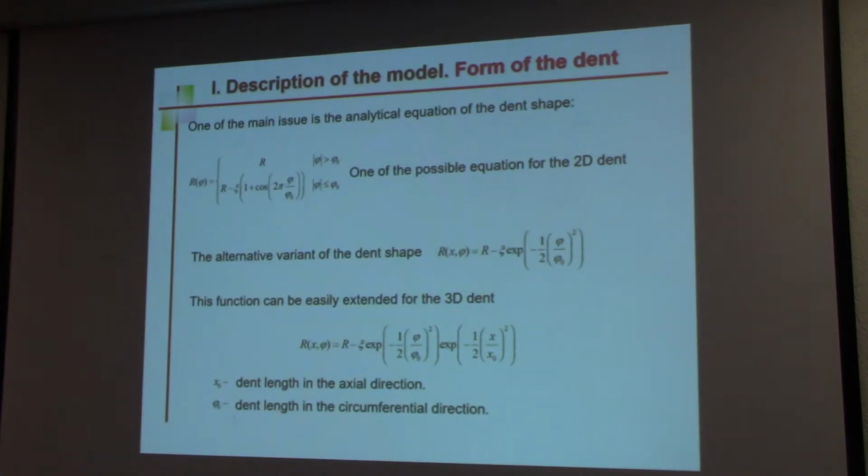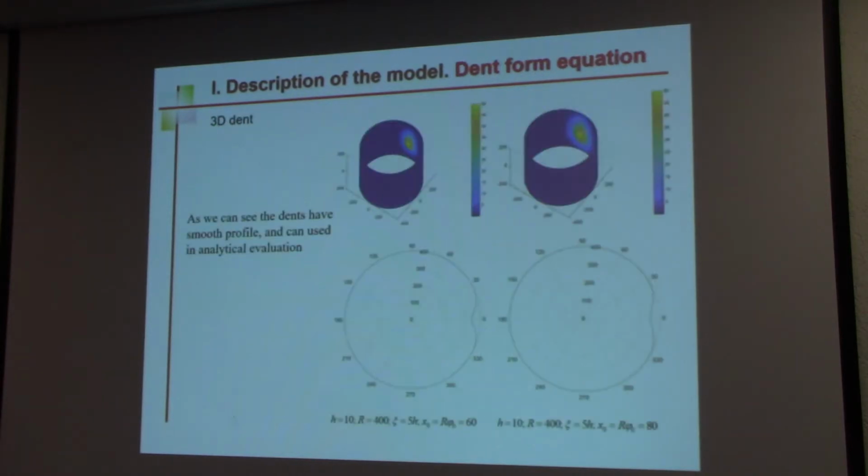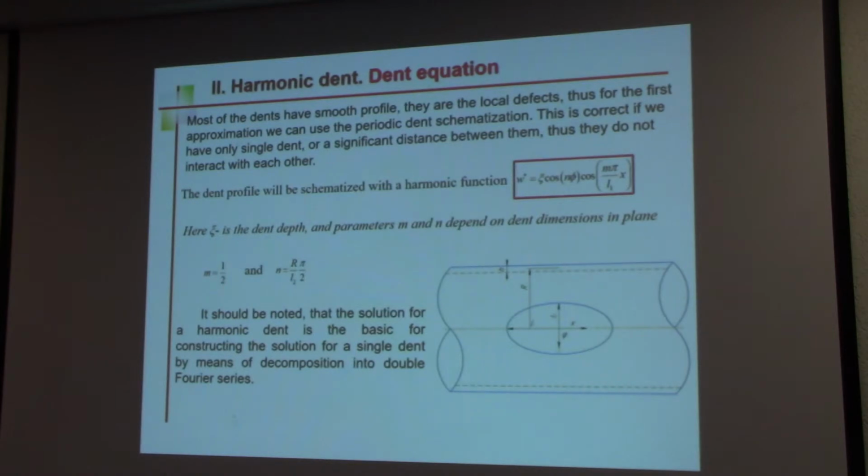Here we have the dent dimensions: the dimension in the axial direction and the dimension in the circumferential direction. Here is the visualization of these dents, and now we come to the harmonic dent.